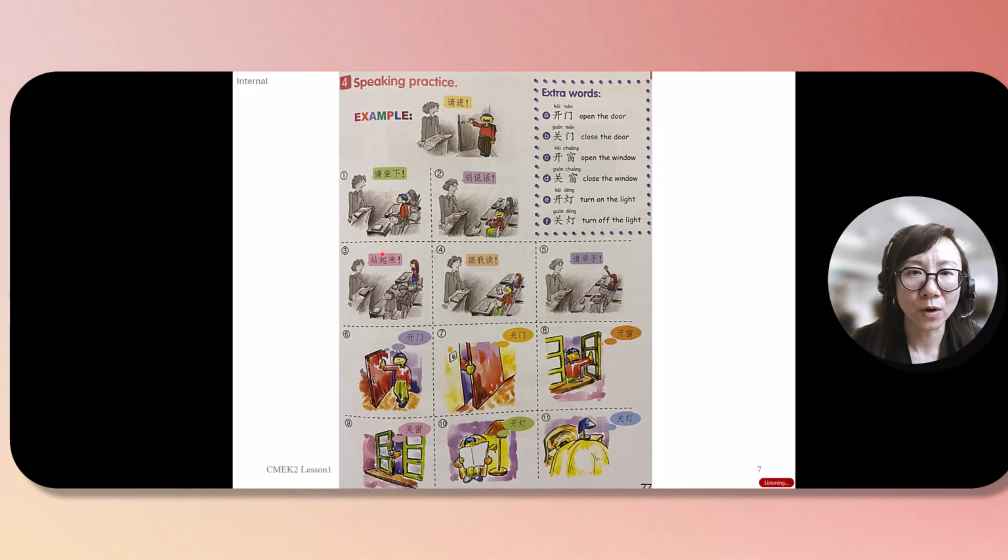Now let's go through all of these verb phrases as instructions, from the example all the way down to number 11.